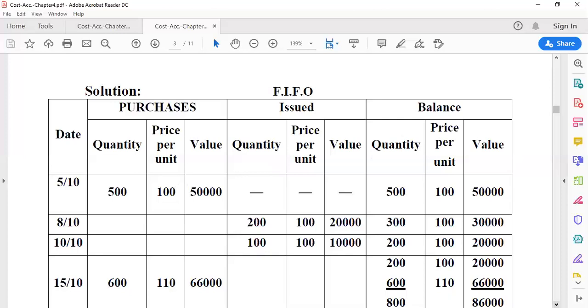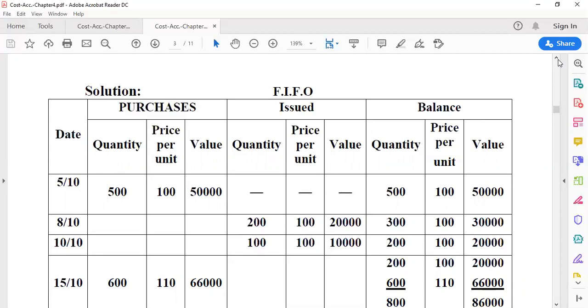Under purchases, I will put the quantity, which is already given, 500. The price per unit, which is already given, 100. To get the value, 500 times 100 to get 50,000. Okay, dears? Now, on the 5th of October, there is no issuance of any quantity.